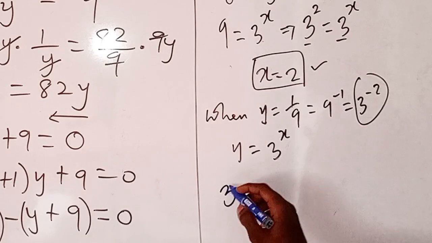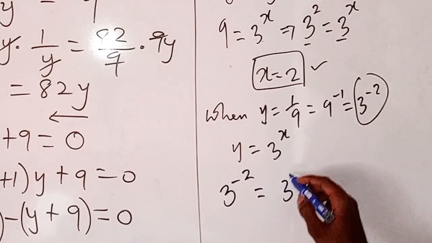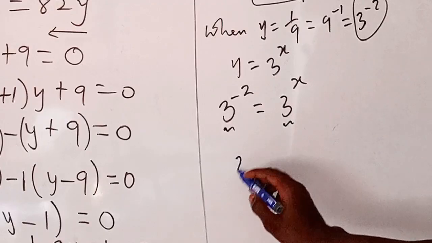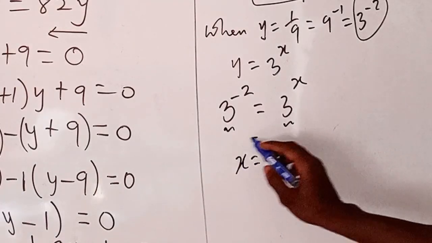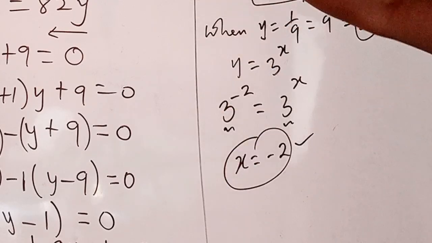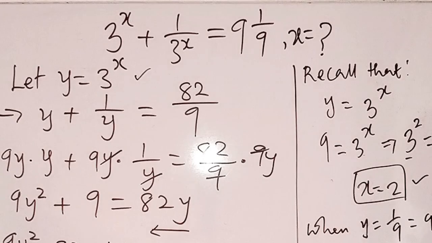So put it here, 3 to the power of minus 2 equals 3 to the power of x. Since we have the same base, we can deduce that x equals minus 2. So we have another solution. So now the possible solutions of this x are x equals 2 and what? And minus 2. And that is the end of the class.